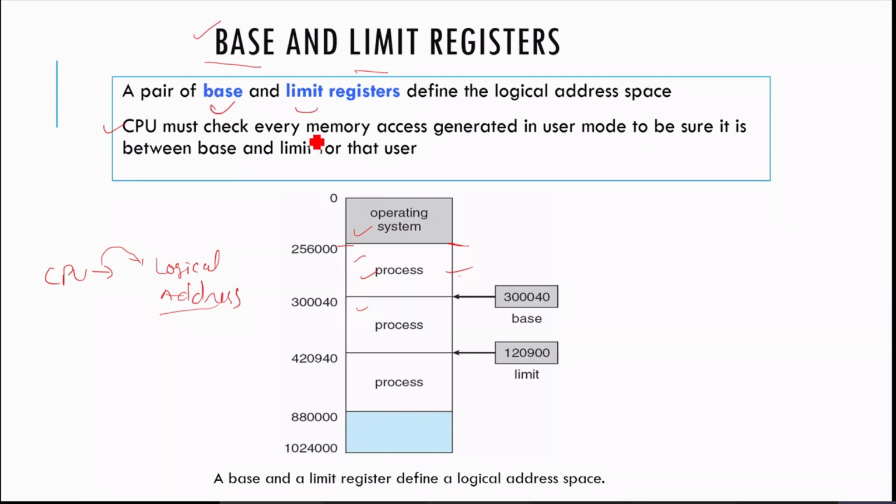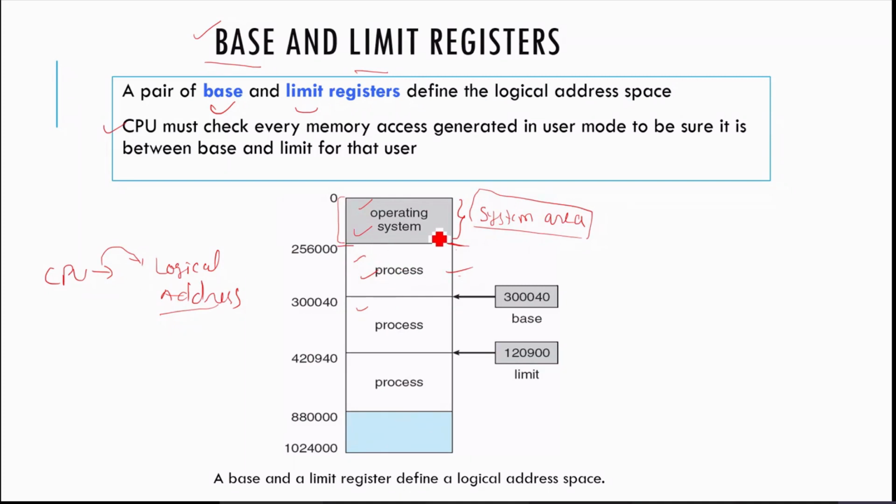I told this many times in the class also: the memory, whatever RAM is there, is divided into two parts. This we call the system area, where the system programs run. It is reserved for operating system processes only.